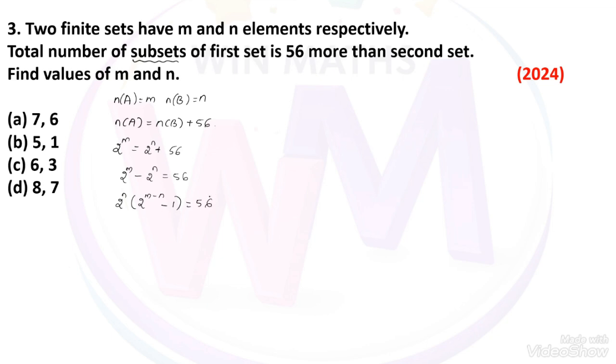All the results should be in powers of 2, because we have taken the base as 2. That's why take 56 as a product of powers of 2.